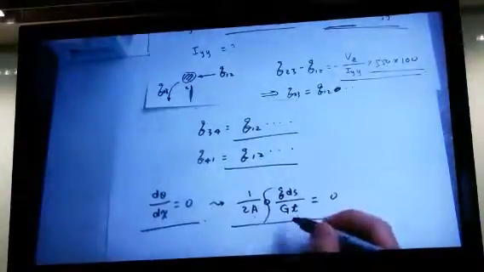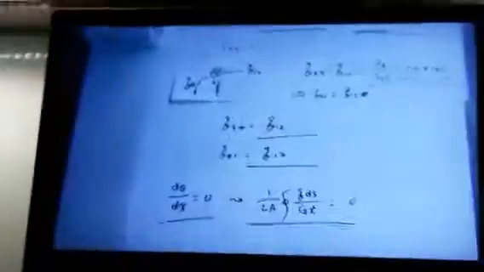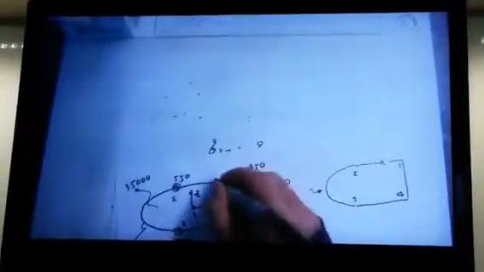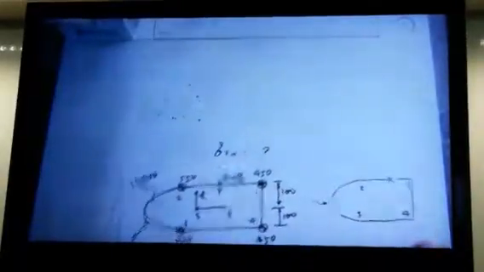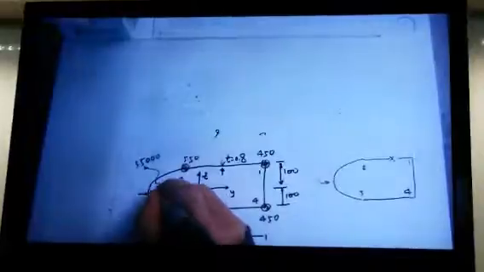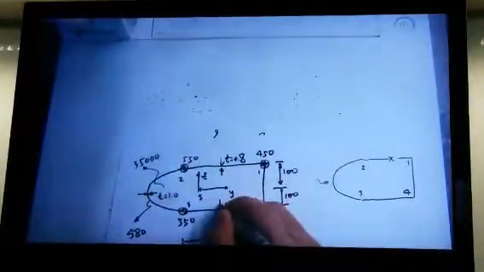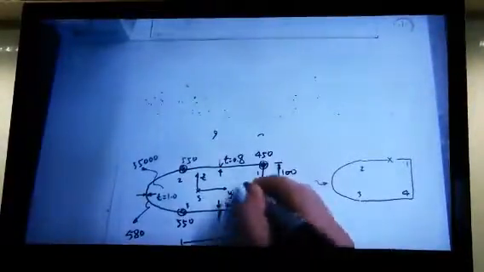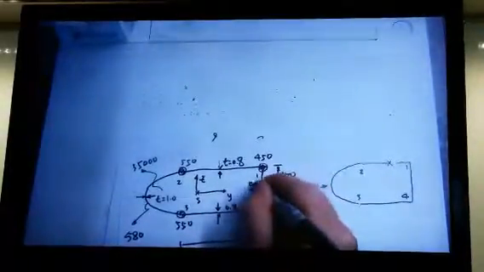But G and t: in that example, G is the same, but t is not the same everywhere. Remember, we gave you this t here is 0.8, and t here is 0.1, t here is 0.8, t here is 0.6, something.